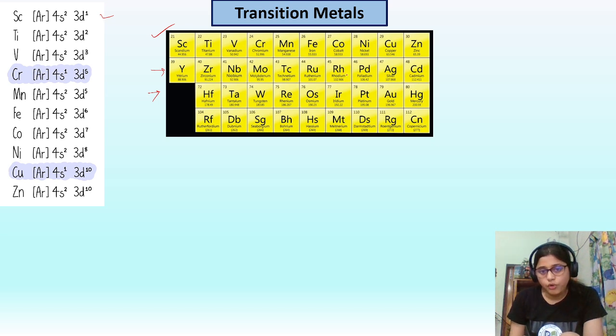Cobalt, rhodium and iridium. Fe or iron, ruthenium, osmium. Manganese, technetium and rhenium, chromium, molybdenum, tungsten, vanadium, niobium and tantalum, titanium, zirconium, hafnium, okay, and scandium, ytterbium.